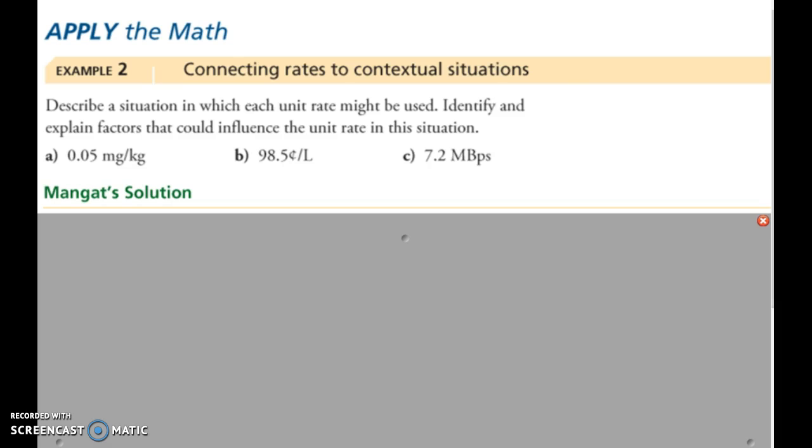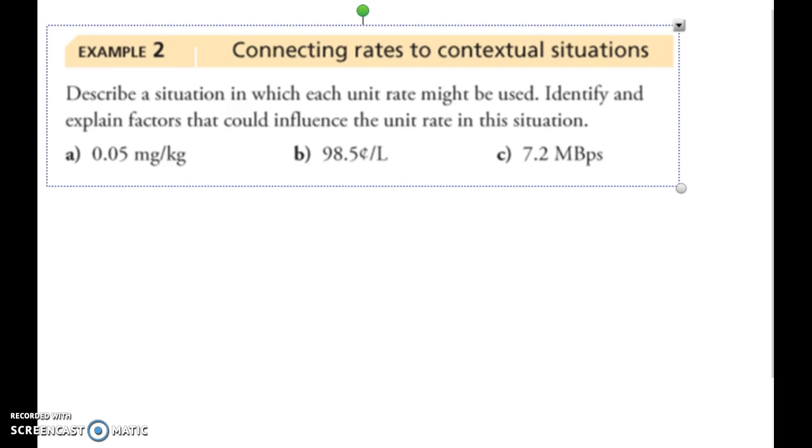Okay, so if we move along to example 2, example 2 says, describe a situation in which each unit rate might be used. Identify and explain factors that influence the unit rate in this situation. So if we look at this, 0.05 milligrams per kilogram. When I hear something like that, that is an amount per kilogram, so per weight of an object.